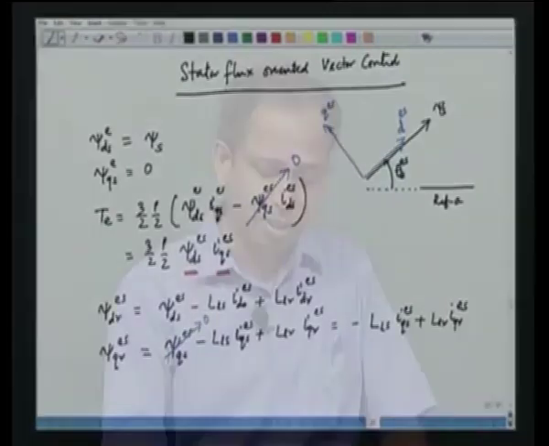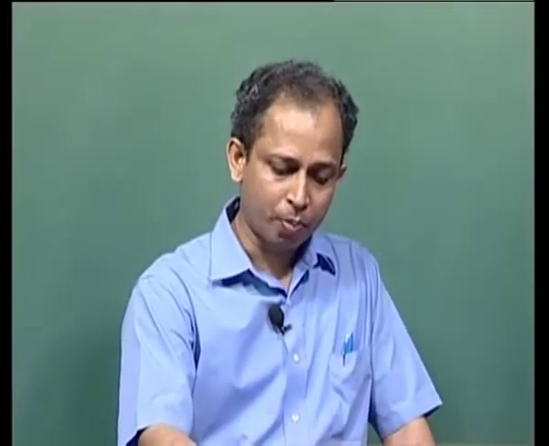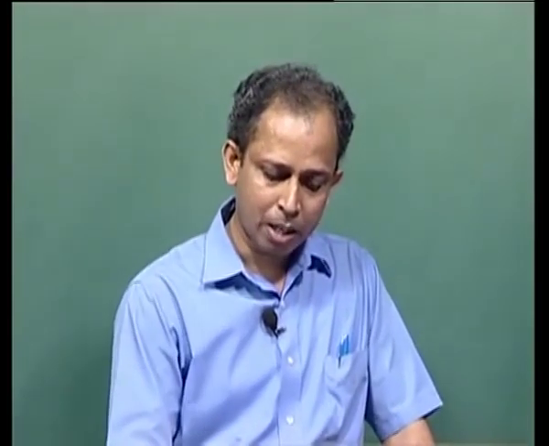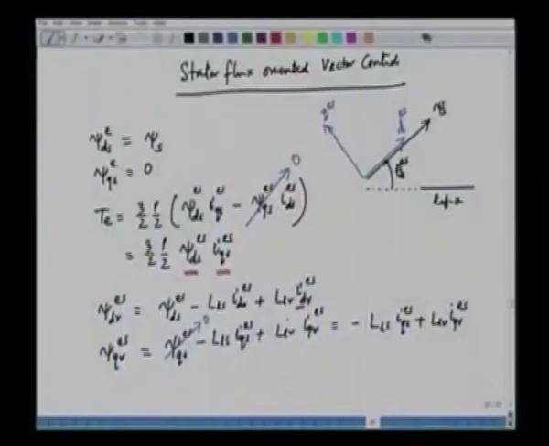In this equation, the rotor currents are not known. We do not know this current IDR, we also do not know IQR. So, we have to express this rotor current in terms of stator current and stator flux. So, we can write down expression for IDR and IQR in terms of stator flux and stator current.